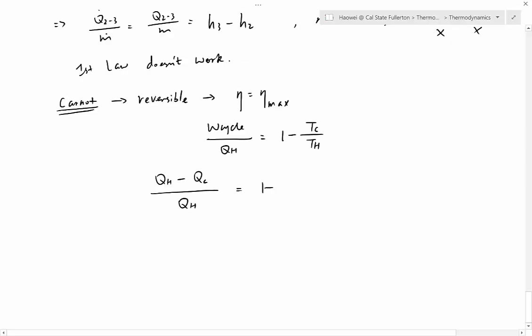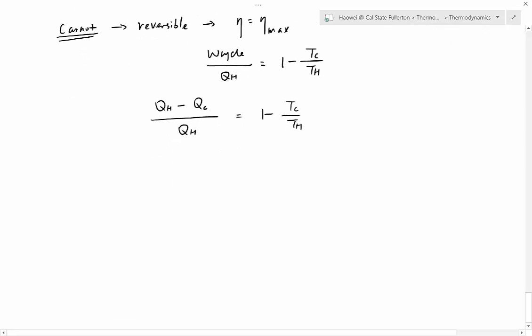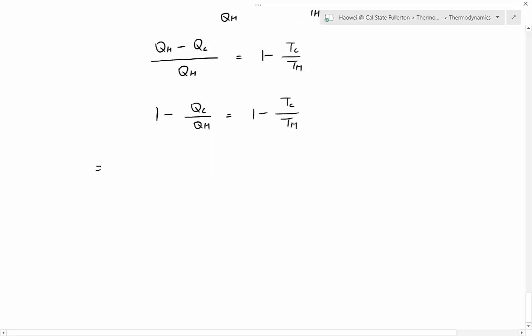Right hand side still Tc over Th. So left hand side becomes 1 minus QC over QH. Right hand side still the same. Okay, so now we can do the algebra. What we will have is actually QC over QH equal to Tc over Th.